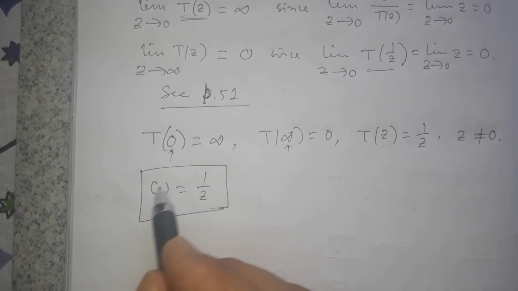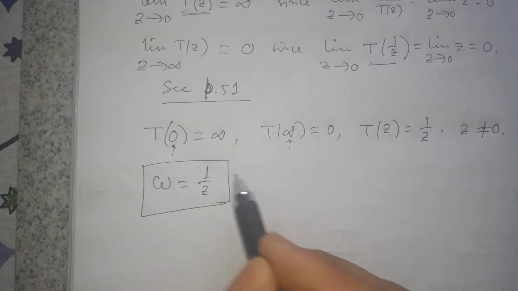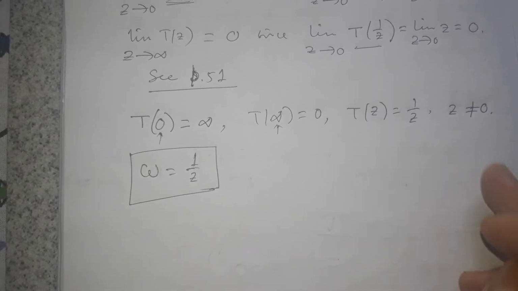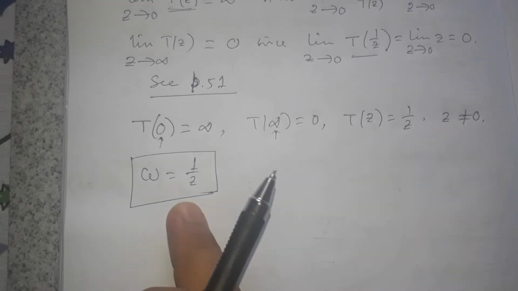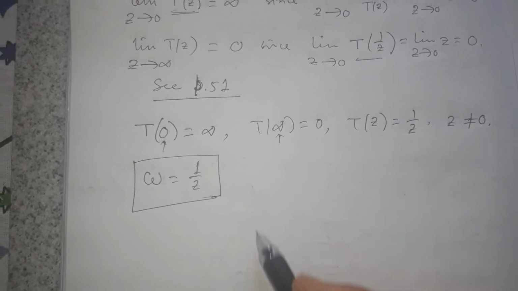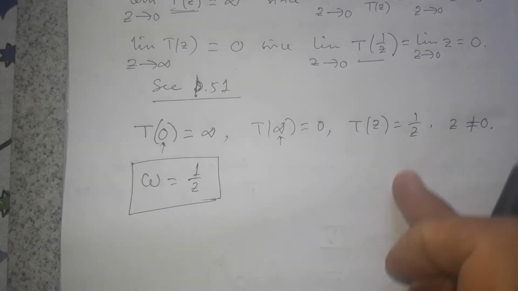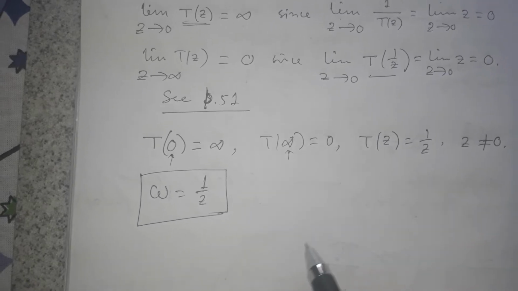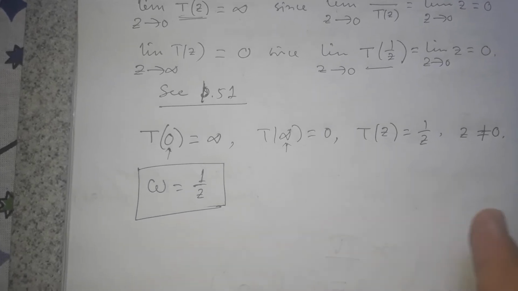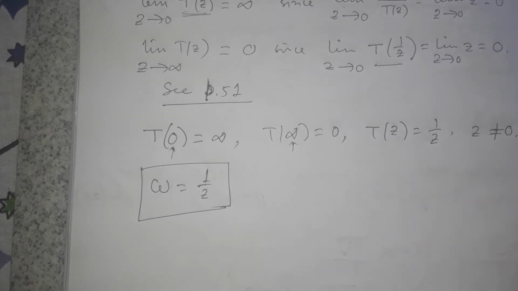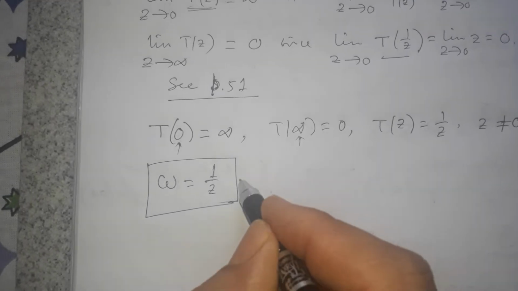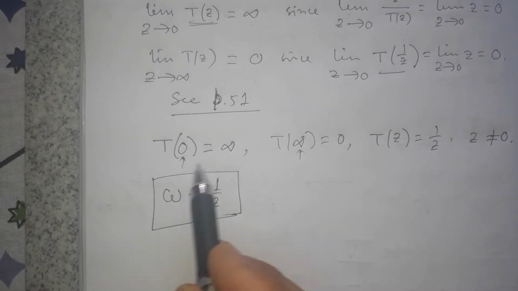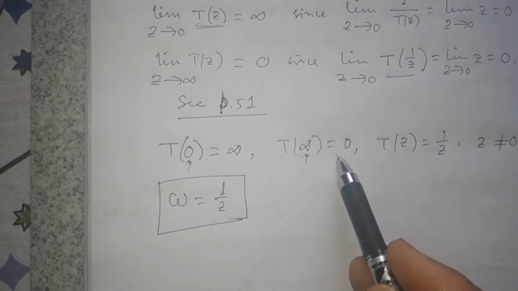So for w equal to 1 upon z, the extended complex plane, the z plane, will be mapped with a one-to-one correspondence to the extended complex plane, the w plane, because all points have a one-to-one correspondence with the points in the w plane. So we always take that z equal to 0 is also included, which is mapped to infinity, and the point at infinity is mapped to 0.